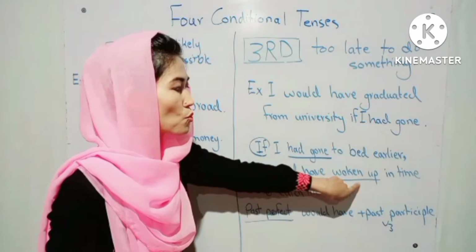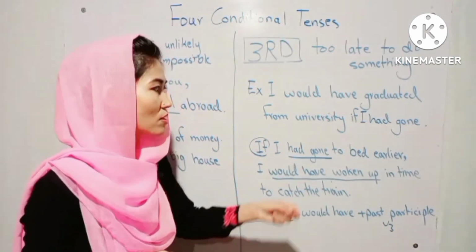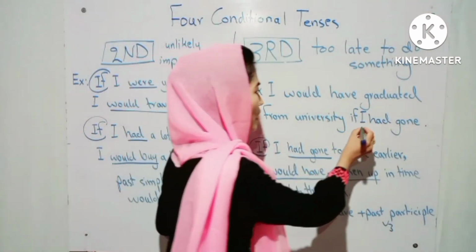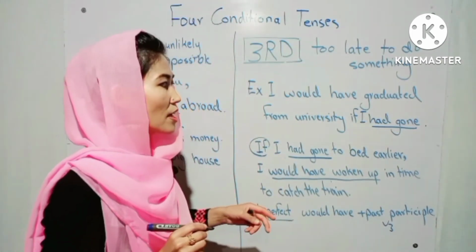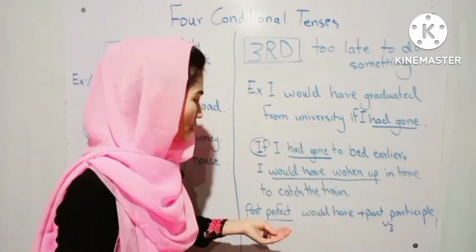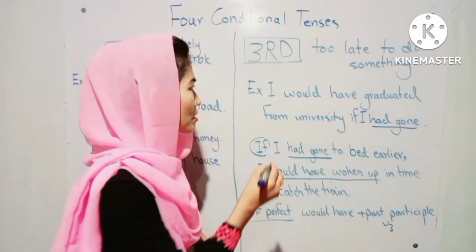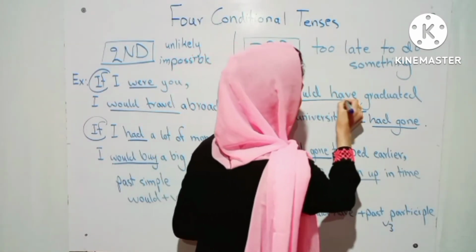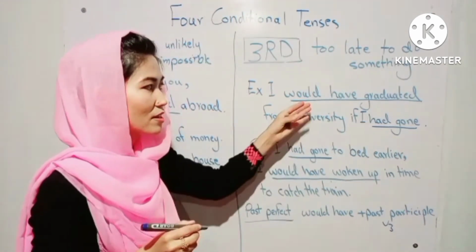Would have woken up in time to catch the train. Okay, so in this example, past perfect tense, if I had gone. Okay, if I had gone, would have plus past participle, I would have graduated. Would have graduated. Here, okay?